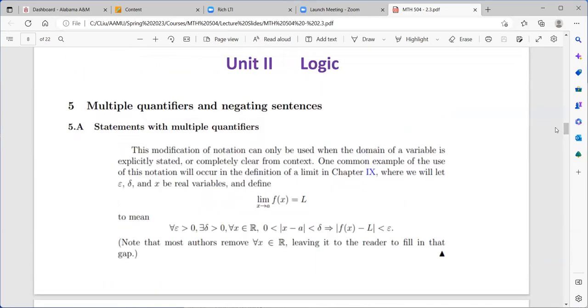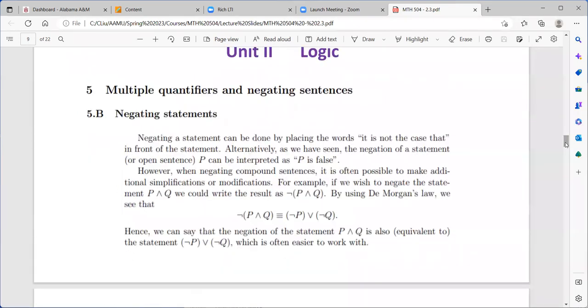So that's the first part, on multiple quantifiers.